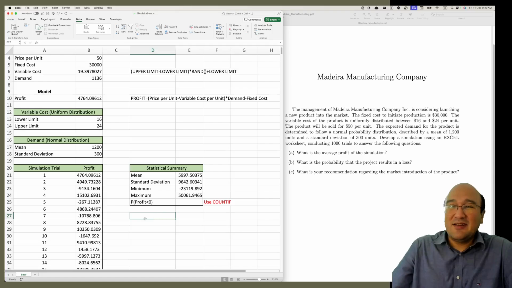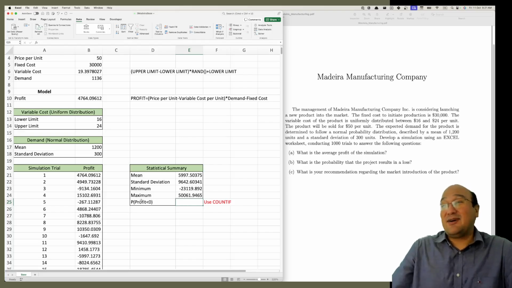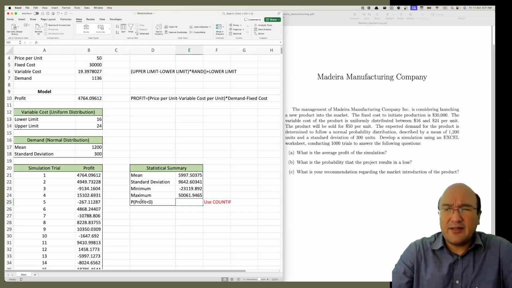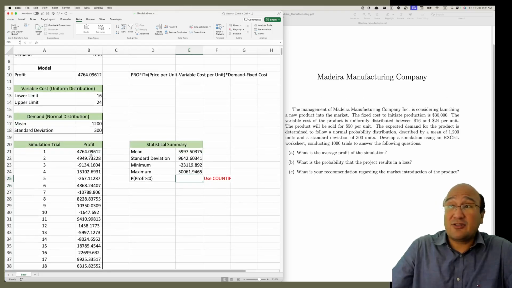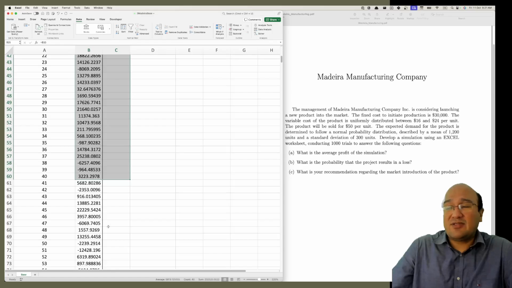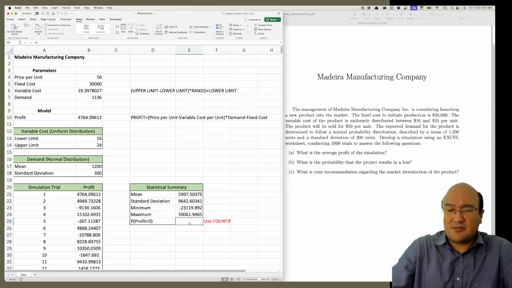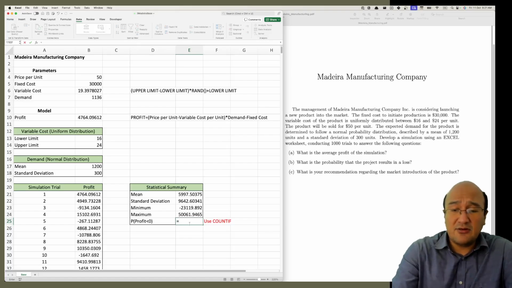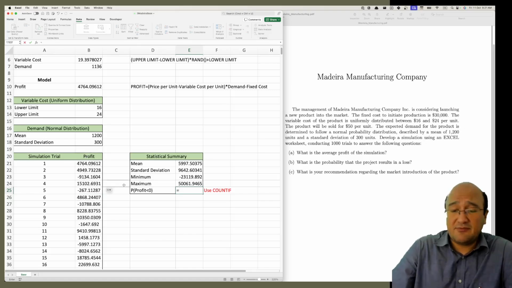So we could calculate also what's the chance of having a loss. Okay, what's the probability of having a loss? In fact, we are giving an approximation, right? We're using the law of big numbers, where we are approximating the probability of this loss by the relative frequency of a loss in the 1,000 profits. So we have to count how many losses we have of these 1,000 profits.